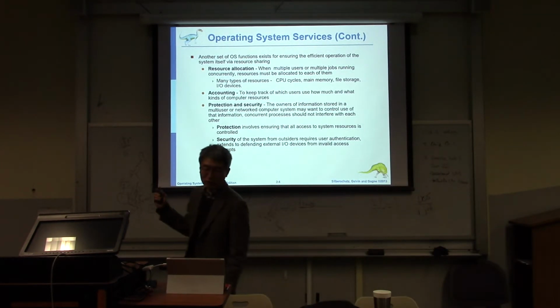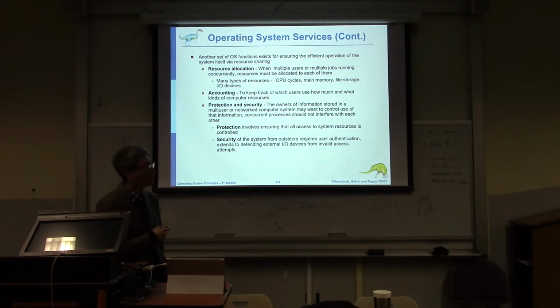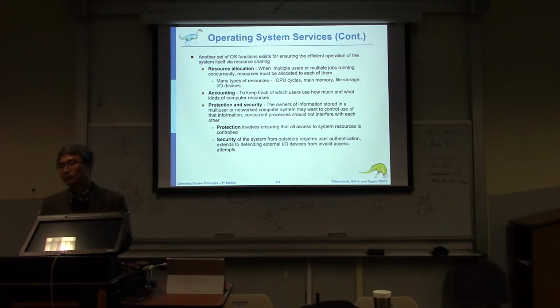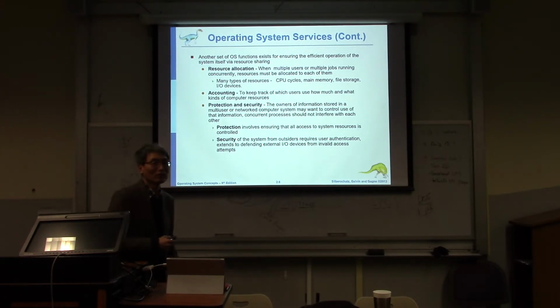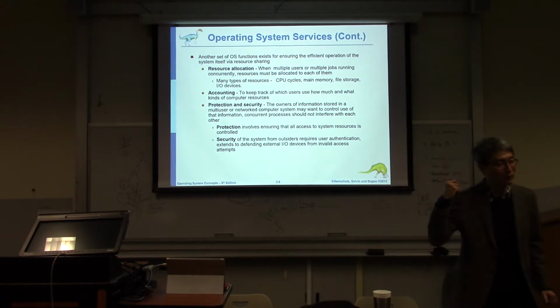So we have seen in the definition of the operating system things like resource allocation and so on. What is accounting? I'm not sure how many of you are filing a tax return. In case you need to file a tax return, you need to go to a CPA. CPA is an accountant. So what is accounting in this part of the operating system?